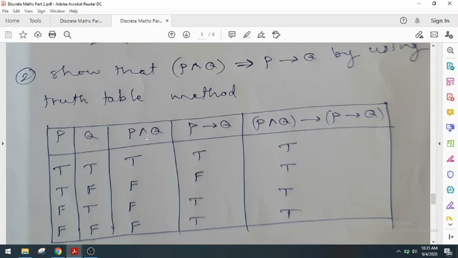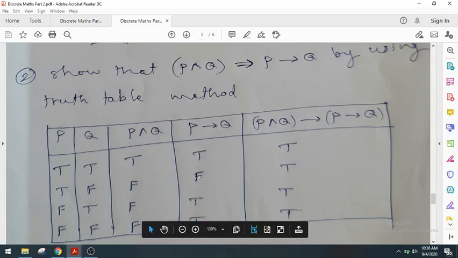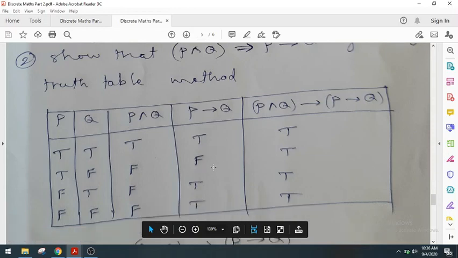P conjunction Q means, I repeat once again, both T then T, otherwise F. Then find out P then Q because we need P then Q. We have seen P then Q in so many problems, so we can immediately identify T in P and F in Q. If there is TF, then we have F, otherwise T. So only in the second row do we have TF, so the remaining are all T.